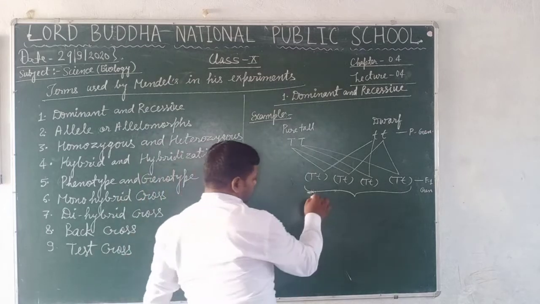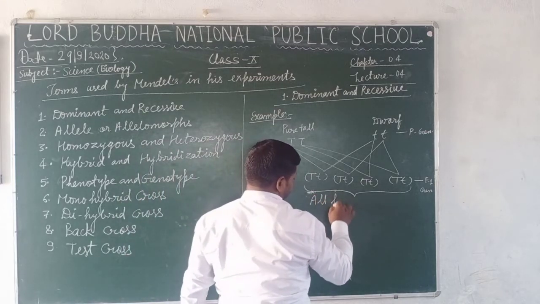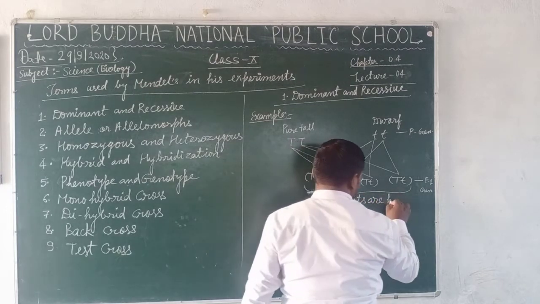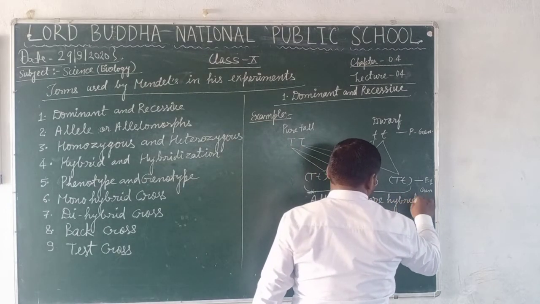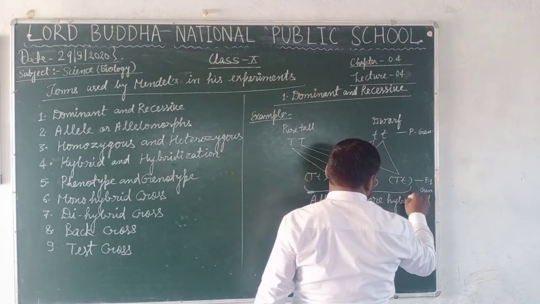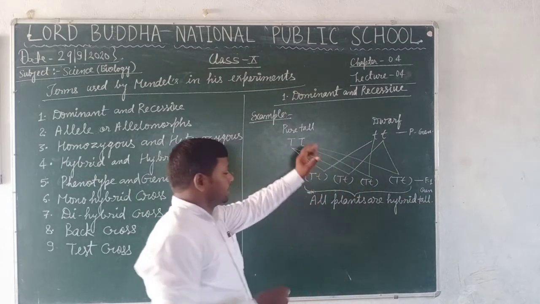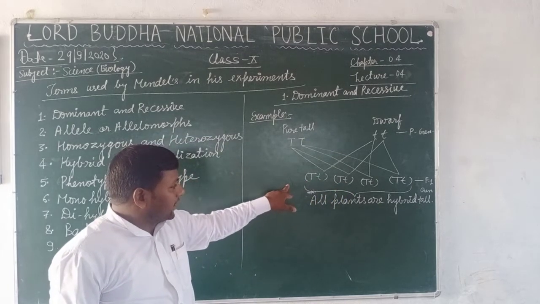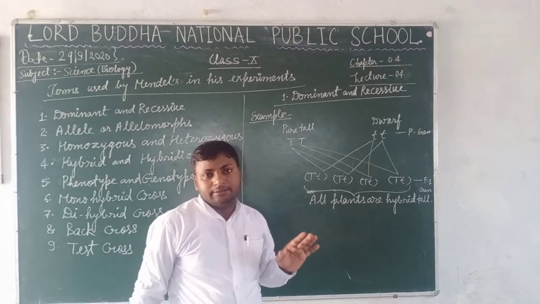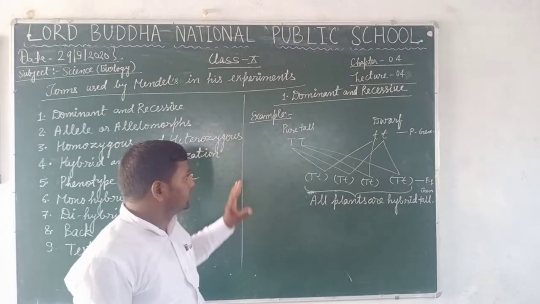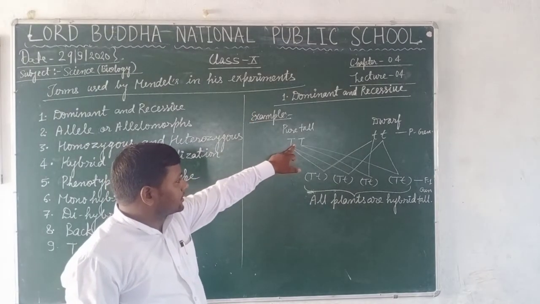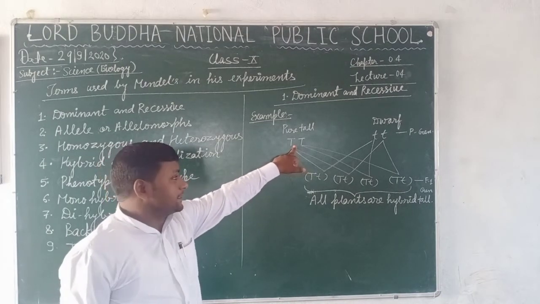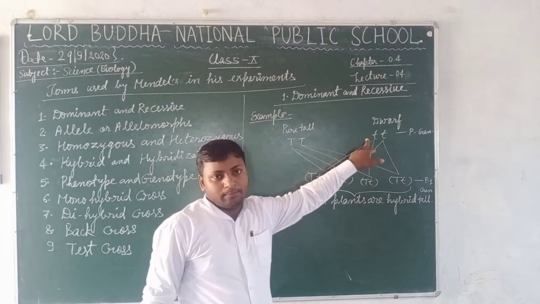Now students, all the plants are hybrid crop. Okay students, why are they called hybrid crop? They are physically tall in height. Why, students? Because tall is the dominant trait. It suppresses the recessive one.